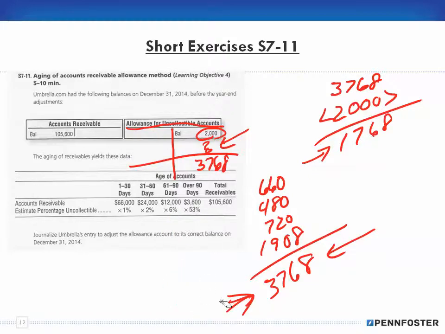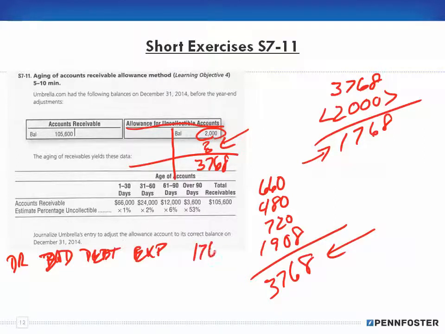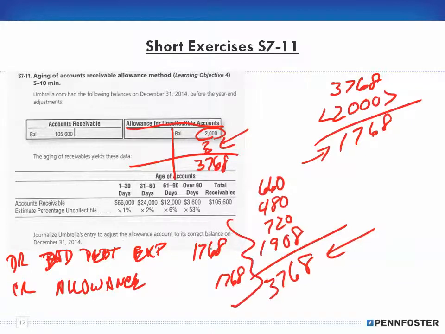So we make our adjusting entry to debit bad debt expense for the 1,768, and we're going to credit the allowance for uncollectible accounts for 1,768. So this is my adjusting journal entry at the end of the accounting period when I age my accounts receivable. And that's all there is to it.